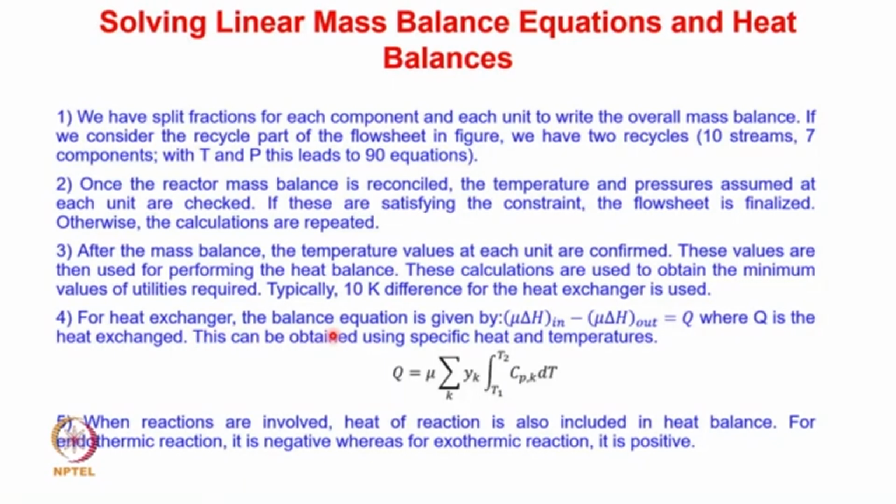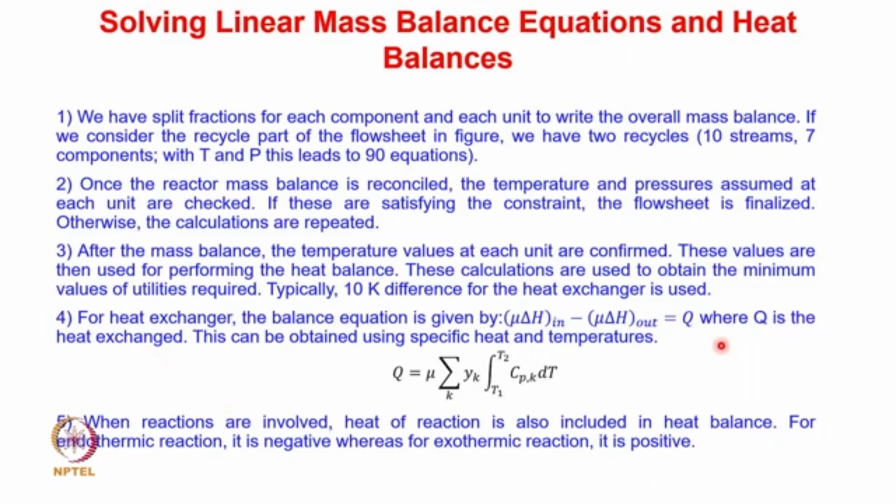Again, for heat exchanger, if you look at the balance equation, it is what? So this is nothing but Σ n ΔH in, that is nothing but m Cp dT. So this is nothing but the heat input, and this is nothing but Σ n ΔH out. So input minus output, that gives Q. So Q in this case is nothing but the heat exchanged in the heat exchanger, isn't it?